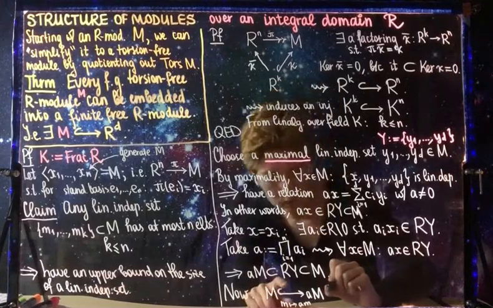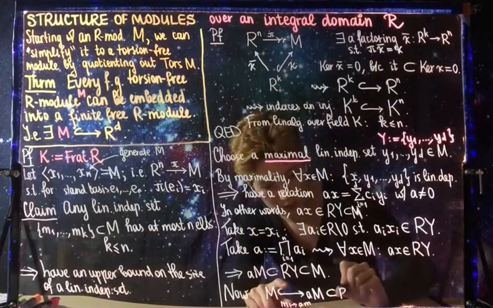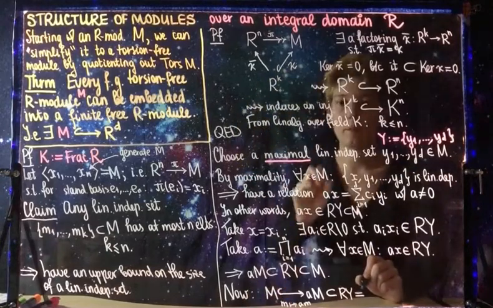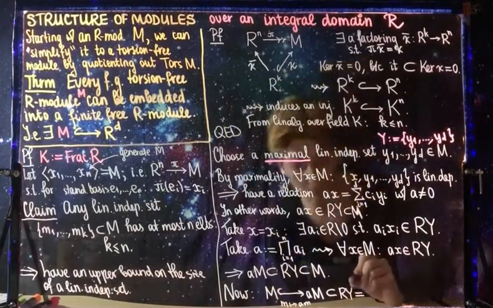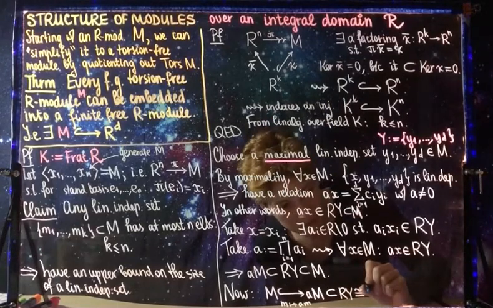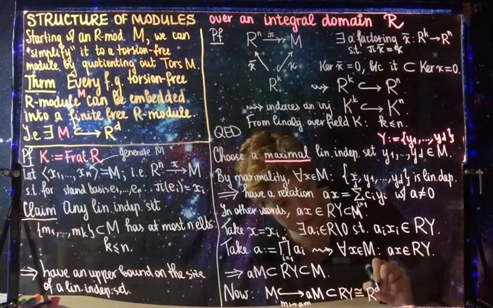Then aM is contained in Ry, which, because the set is linearly independent, is isomorphic to R^d.